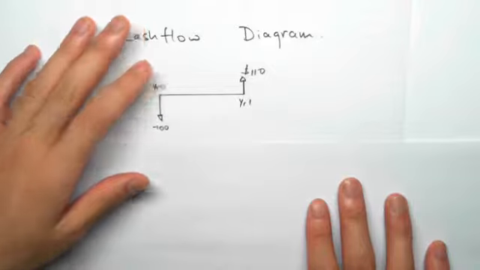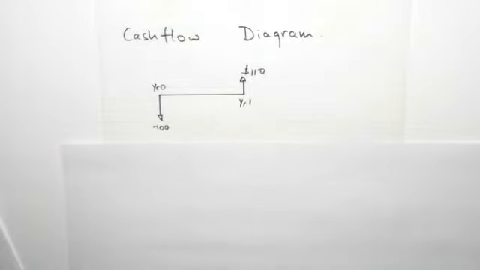Okay. Now, the last thing we'll look at today will be a cash flow diagram. Now, a cash flow diagram is extremely useful in doing this sort of calculation in determining the future value or present value of something. And all it is, is a timeline, and where cash flow occurs, you put either an up arrow for getting money or a down arrow for losing money.